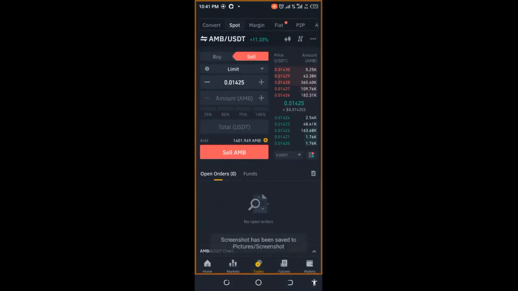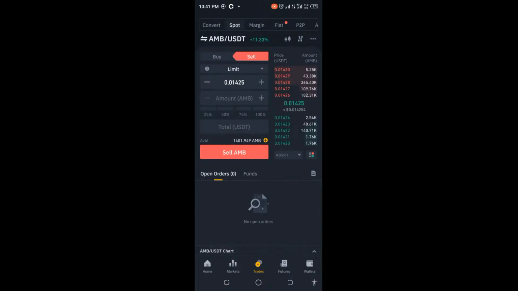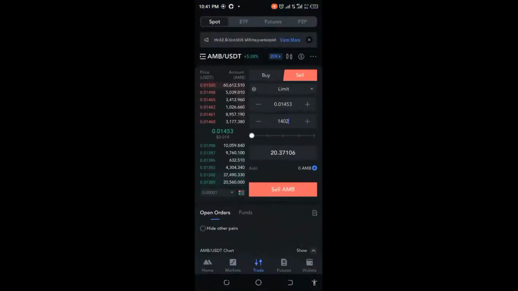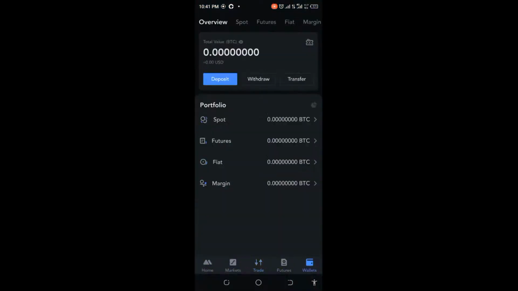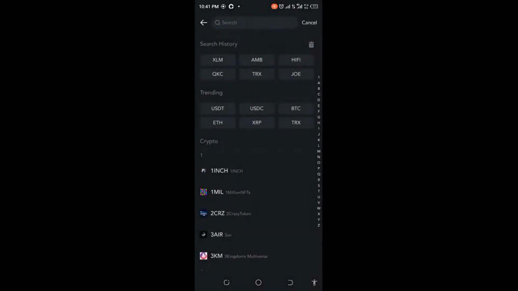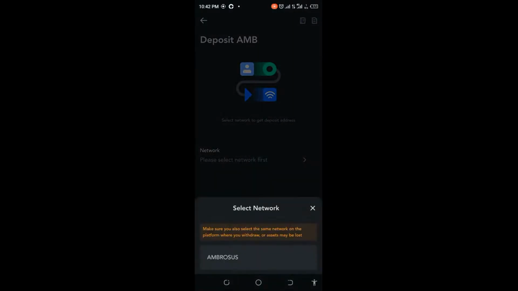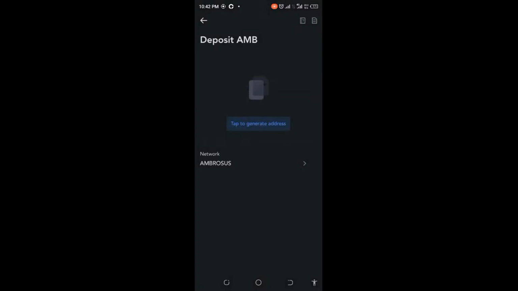Okay, let's get this sent over to MEXC. For us to do that, we just need to get the deposit address from MEXC here. We're depositing AMB, the name is Ambrosus. I need to make sure that everything was the same.